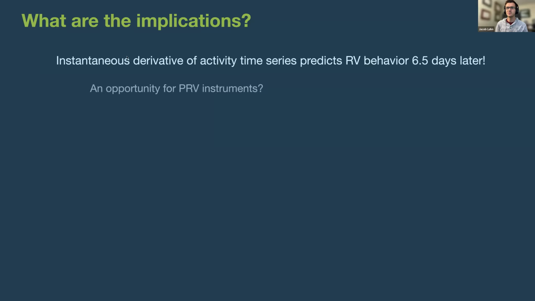And so I just want to highlight the opportunity here, beyond EPRVs, for the standard precision radial velocity instruments that can still get very high signal to noise activity time series. And so there is an opportunity for those and a role for those types of instruments.